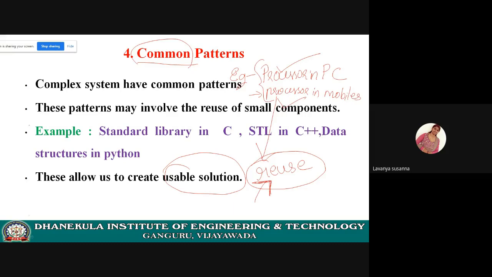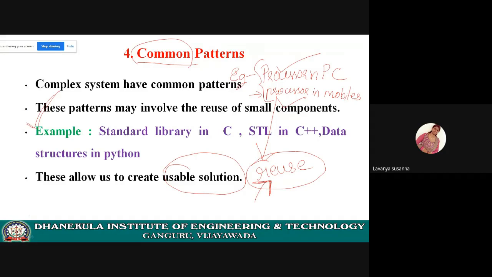See the examples here. Common patterns means every complex system will have common components. While designing a complex system, as a developer, you must identify what common components are present in every complex system. Here, for example, in PC and mobiles, there will be a processor.